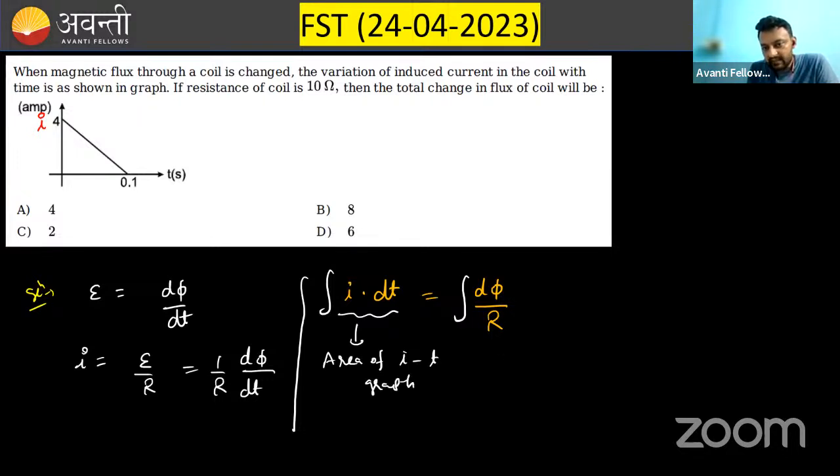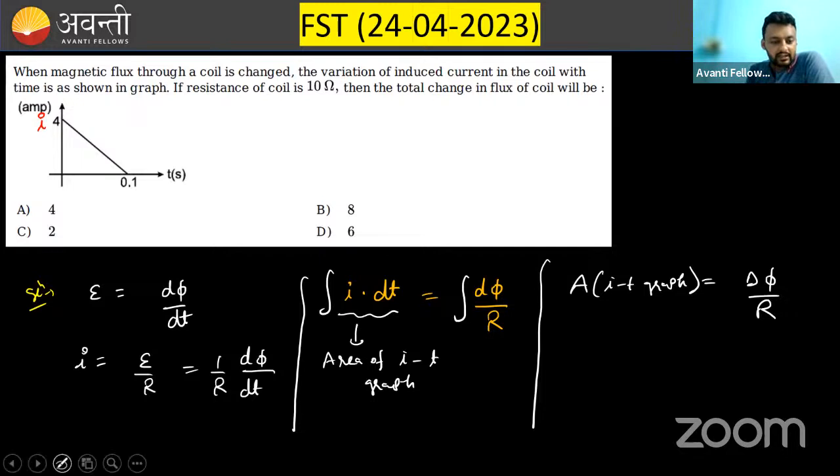And if R is the resistance and you integrate d phi, it will become change in flux, that is delta phi. So the final result that I will get is area of the I-t graph is equal to change in flux over R.